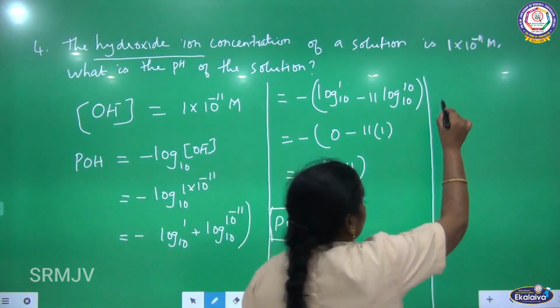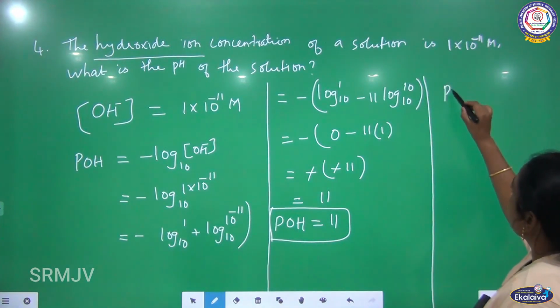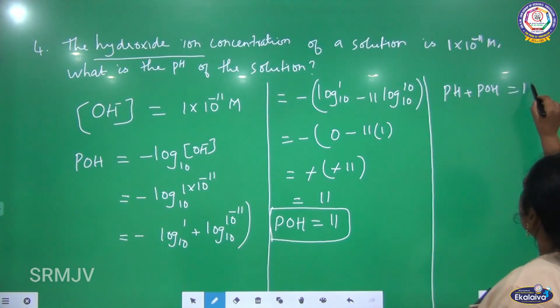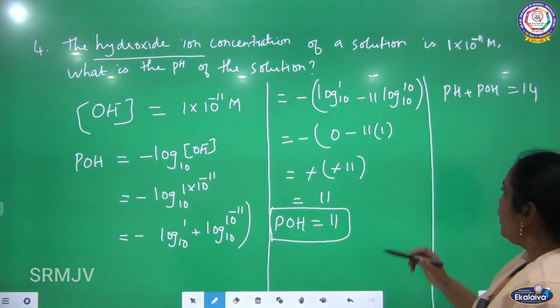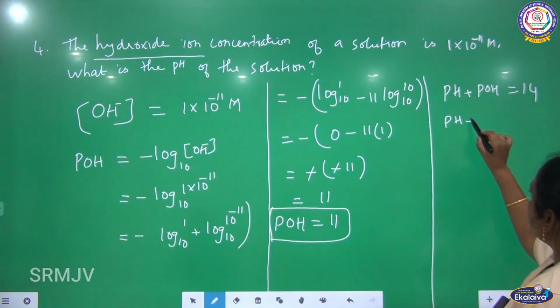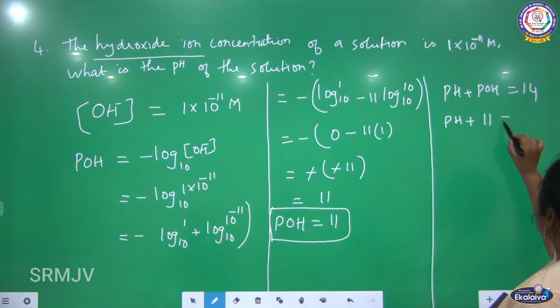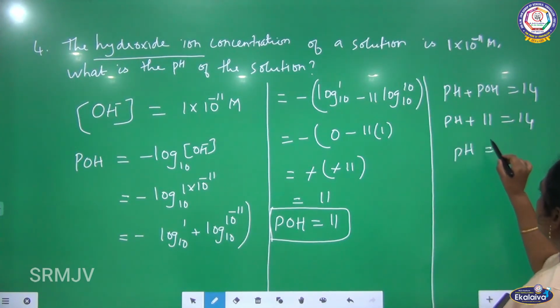And next we want to find the pH for this solution. So what is the relation? pH plus pOH equal to 14. Now you found the pOH as 11. You substitute the value of pOH here: pH plus 11 equal to 14. pH equal to, you take plus 11 to that side, it becomes minus.